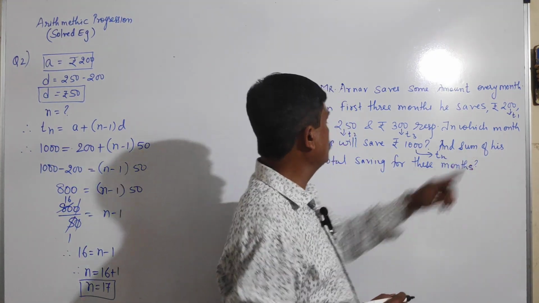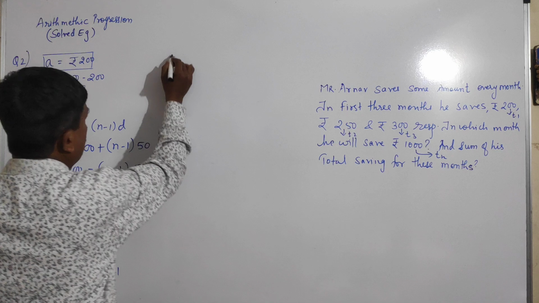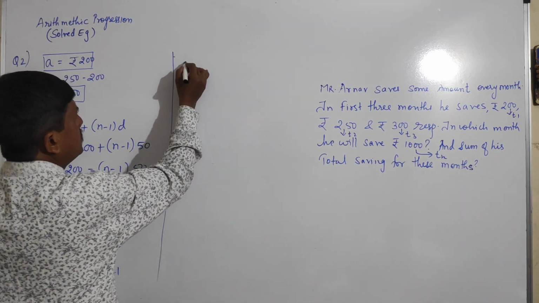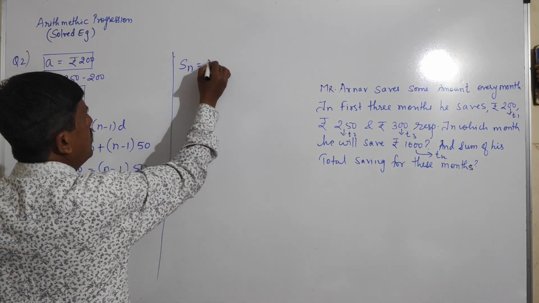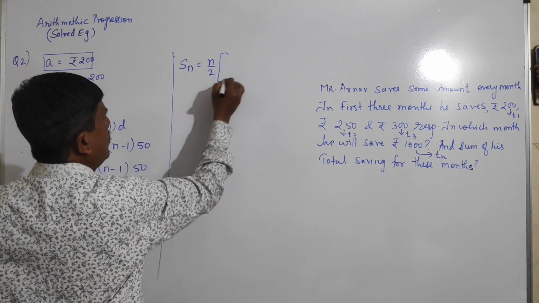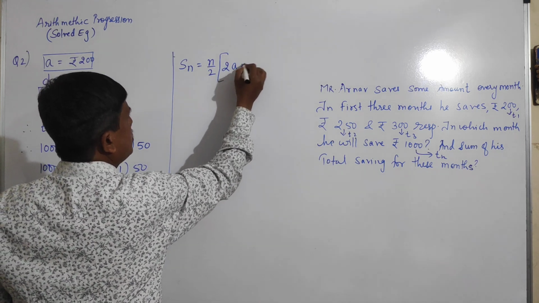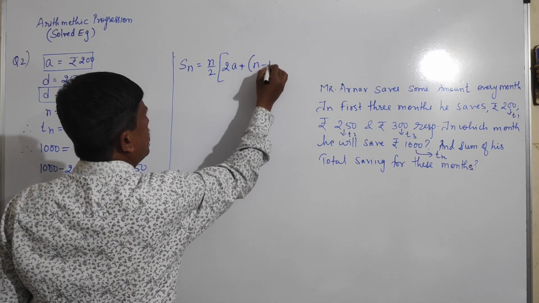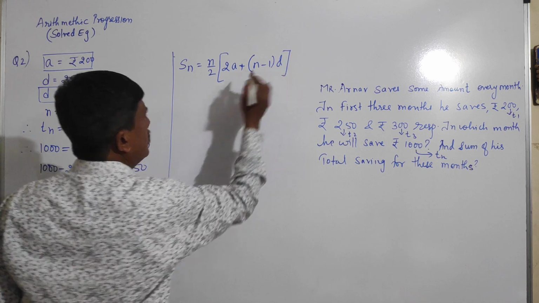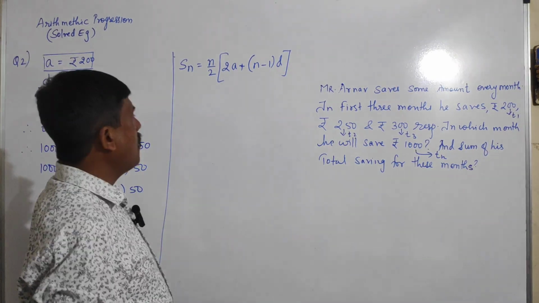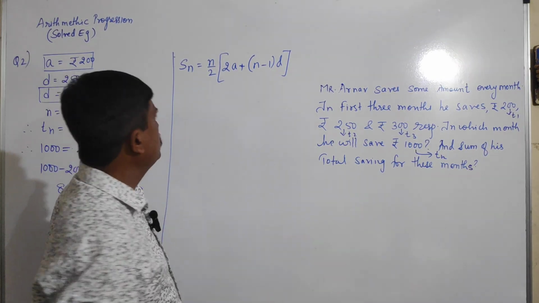So, what is the sum of all the saving from first month to 17th month? It is asked in the question. So what you have to do? Which formula will you apply? Sn is equal to n upon 2 bracket 2a plus n minus 1 d. This is the formula for the sum of the saving.